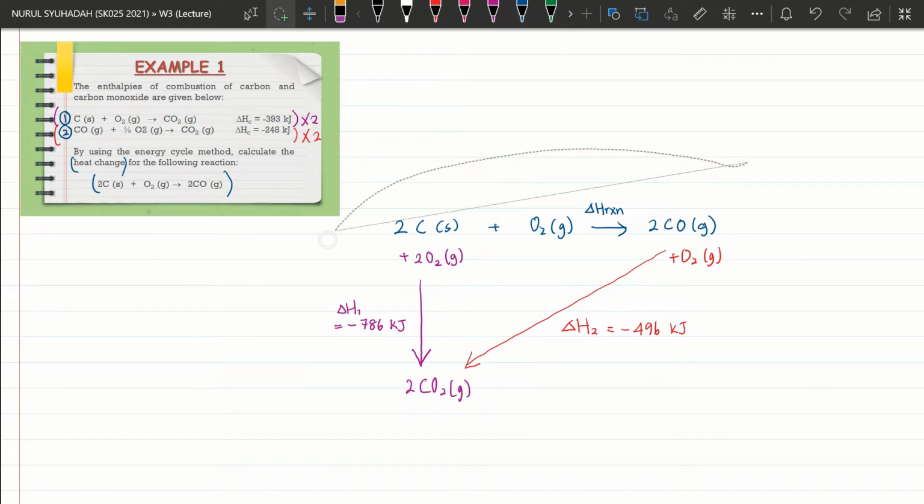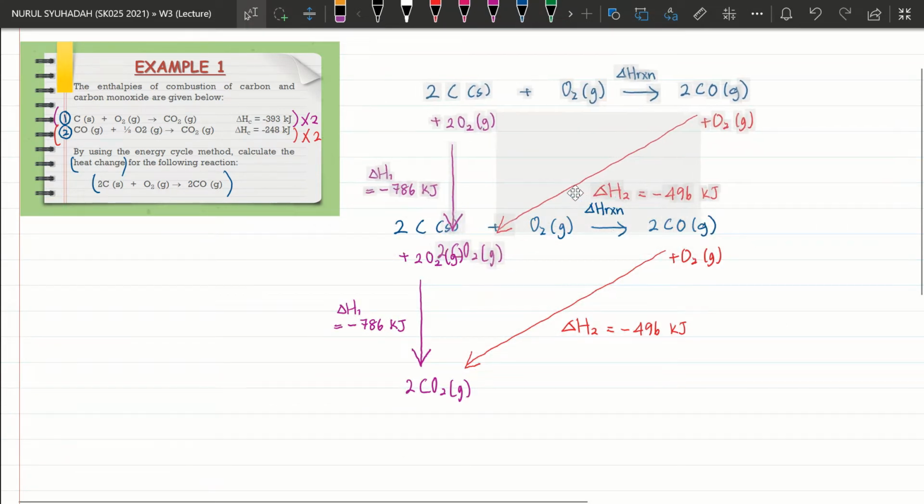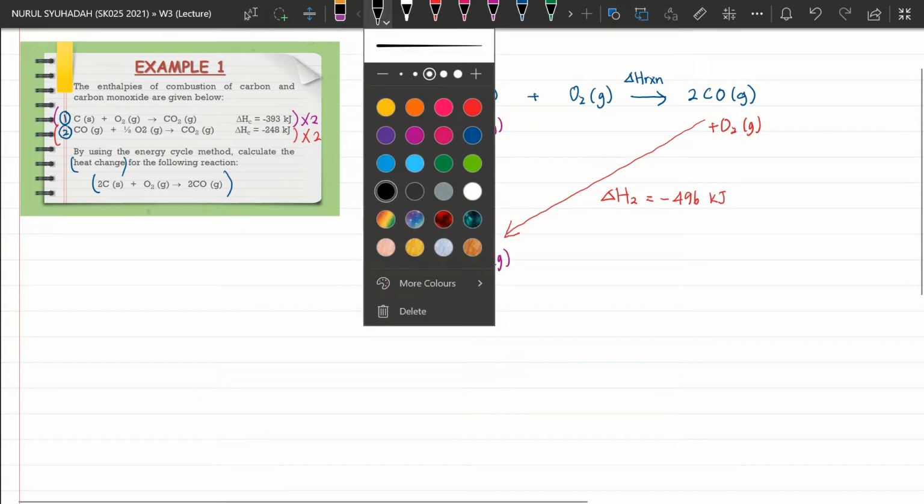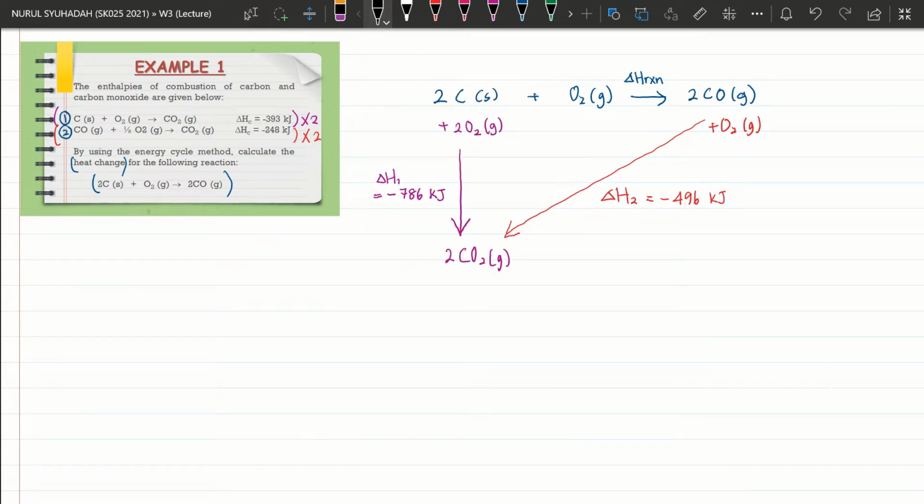Let me put it up here so that we can do the calculation down there. After we did our energy cycle diagram, analyze it. Try to find the arrows that follow clockwise and the arrows that follow anti-clockwise. The one that follows clockwise is this one.